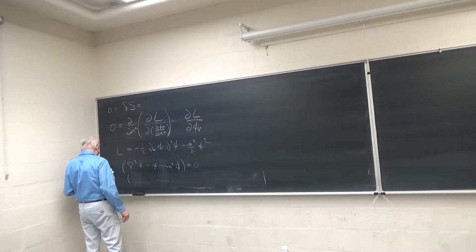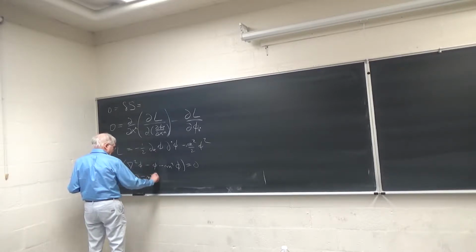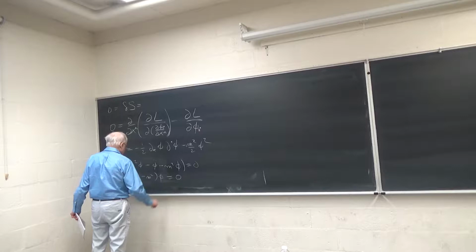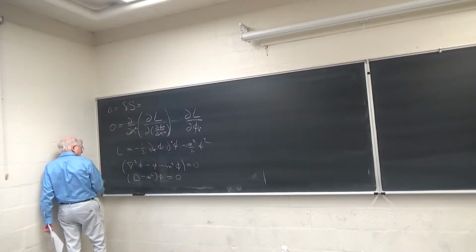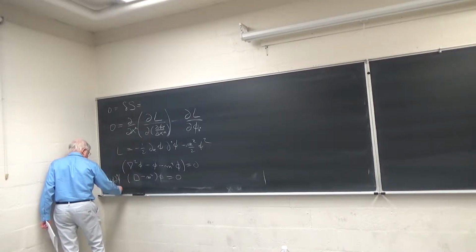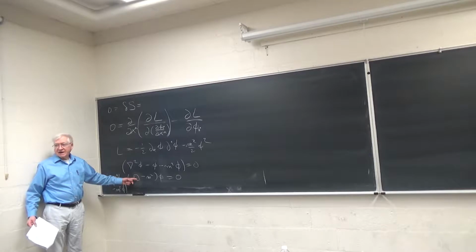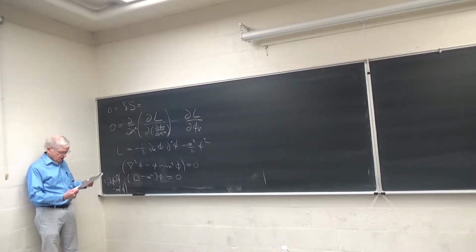It's written as box minus m squared phi is equal to 0, and yet another way, which is d_A d^A phi minus m squared phi. So there are three ways that this is commonly written, and they all are the Klein-Gordon equations.